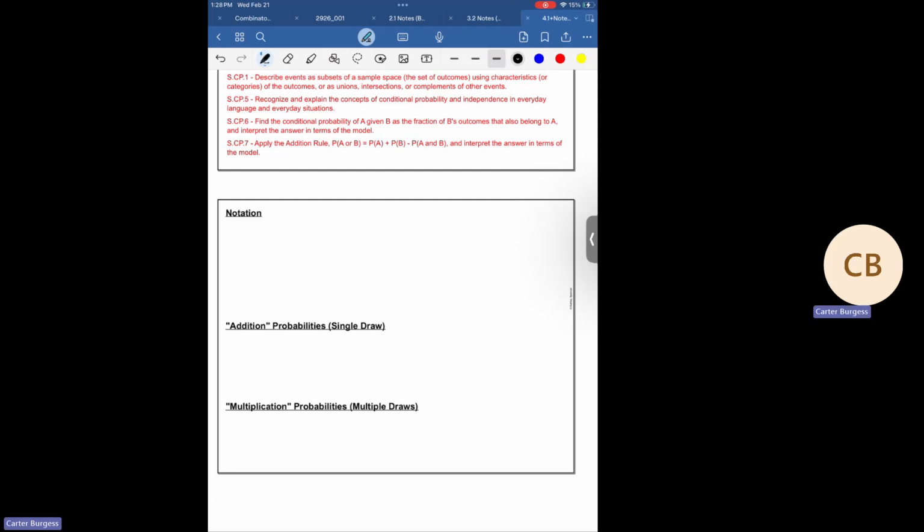Cool. So set theory. This is the notation that we have been using up until this point, when we were talking about unions and intersections and complements. These are not the unions, intersections, or complements of probability.